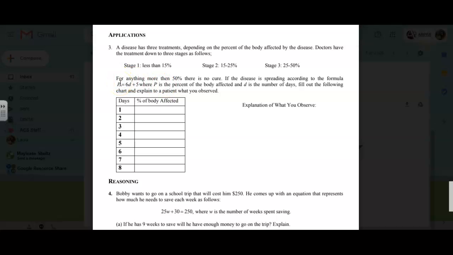So this is where we're going to have to take a look at what we know, okay? So we know that the formula for this is P equals 6D plus 5. We know that P equals percent of the body affected, and D equals number of days.